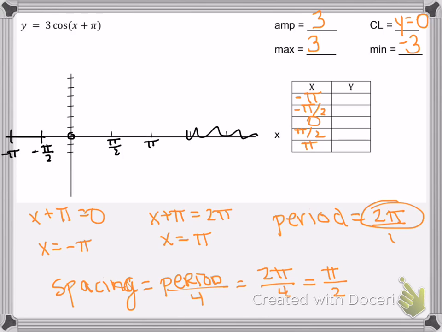And I need to make sure I go up to positive 3, down to negative 3. I don't have to worry about drawing in my center line because my center line is 0. So it's a positive cosine, so it starts up here at my max, center line, min, center line, max.